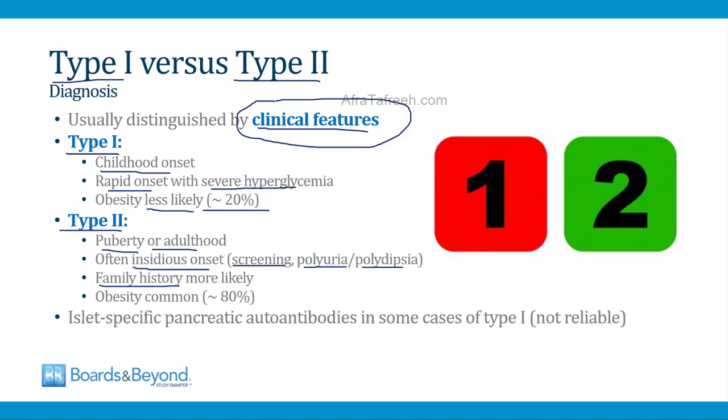It's less likely in type 1. And then obesity is very common in type 2 diabetes. About 80% of patients are obese. Now, beyond the clinical presentation, there are islet cell specific pancreatic autoantibodies that you can measure in the plasma. These can help identify cases of type 1, although they're not reliable enough that you can depend on them for a diagnosis of type 1 diabetes.